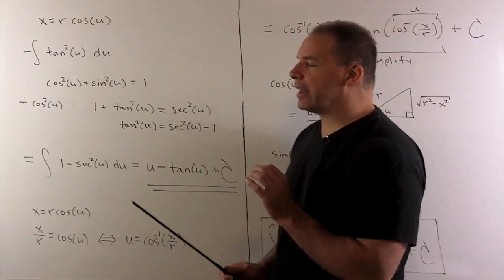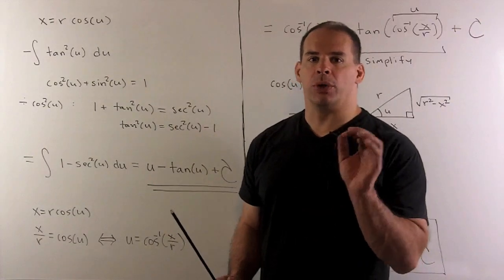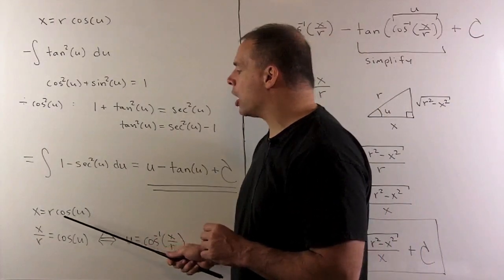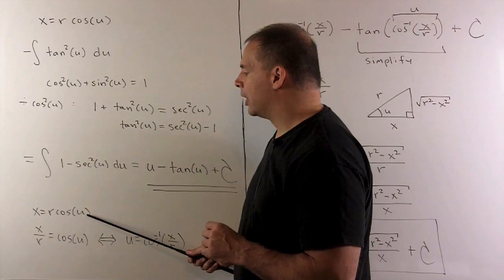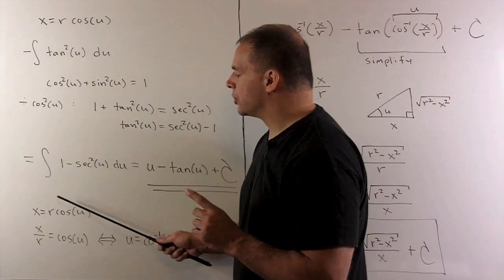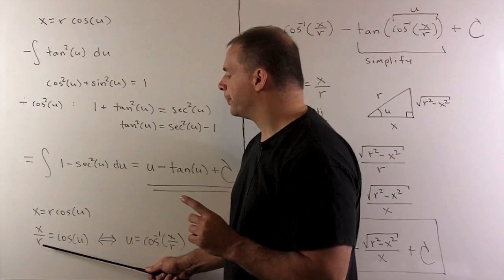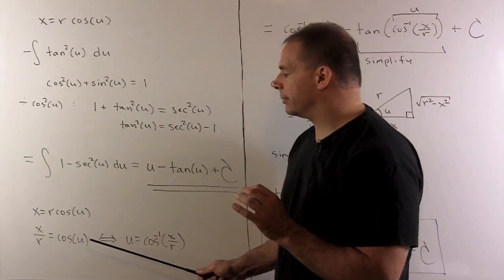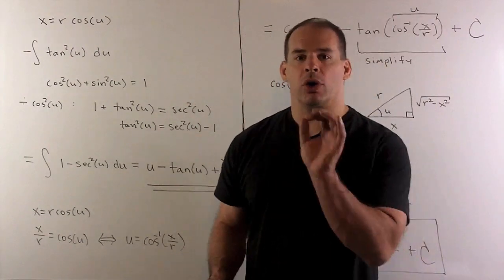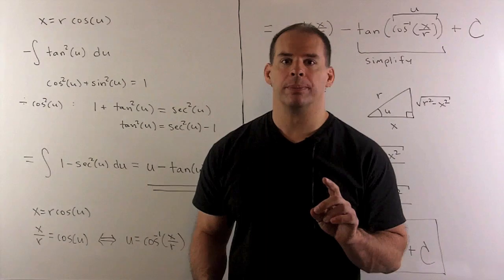Now, we want to put our final answer in terms of x. So we go to the equation x equals r cosine of u. I want to isolate the u here, so I can push the r to the other side. Then we want to remove the cosine. To do that, we have to recall how inverse functions work.